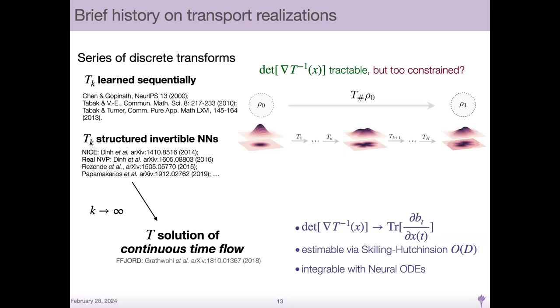And when you do this, the determinant that we had to deal with before now becomes the trace of the instantaneous change of what I'm going to call a velocity field. Okay, and that velocity field b, which I'm stressing because it's going to be the object of study for the rest of this talk, is really the central thing we want to focus on. The trace of its instantaneous change can actually be estimated now, instead of having to directly compute a determinant, and this is a favorable property.